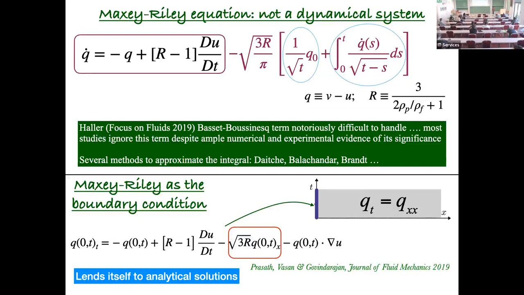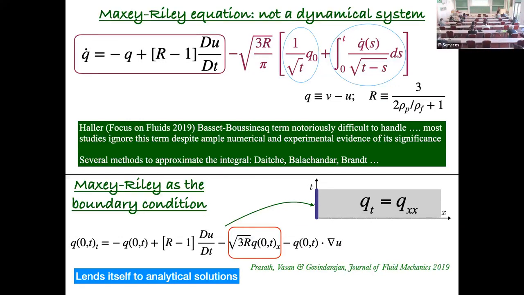But the beauty is that in many nice situations, this way of looking at it lends itself to analytical solutions. So we have probably the first several analytical solutions of the complete Maxey-Riley equations, including one for Couette flow. So locally, if you can model your turbulence as a Couette flow, we have a way of analytically writing down the solution to the Maxey-Riley in turbulence.